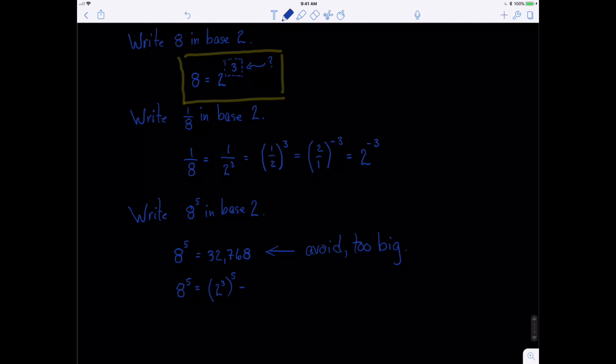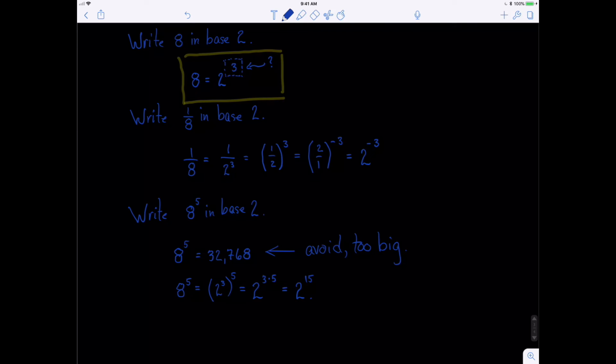And the rules of exponents dictate that if you have an exponent raised to an exponent, that's the same as multiplication. So this is 2 to the 3 times 5, or 2 raised to the 15th power. And that's how you can write 8 raised to the 5th power in base 2.